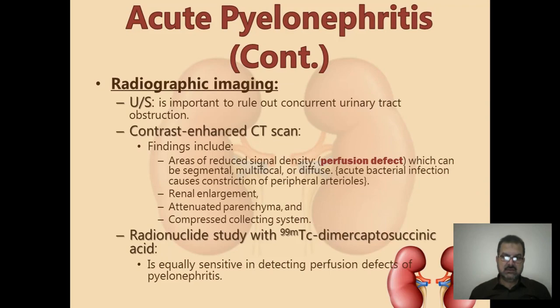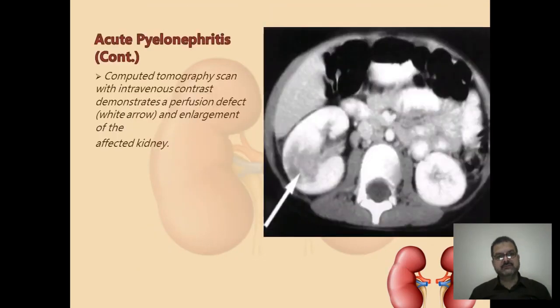A CT scan is also helpful. Usually the kidney will be swollen. There will sometimes be a perfusion defect because of vasoconstriction in the peripheral arterioles. An isotope scan, sometimes it is not available here in Gaza, also detects perfusion defects.